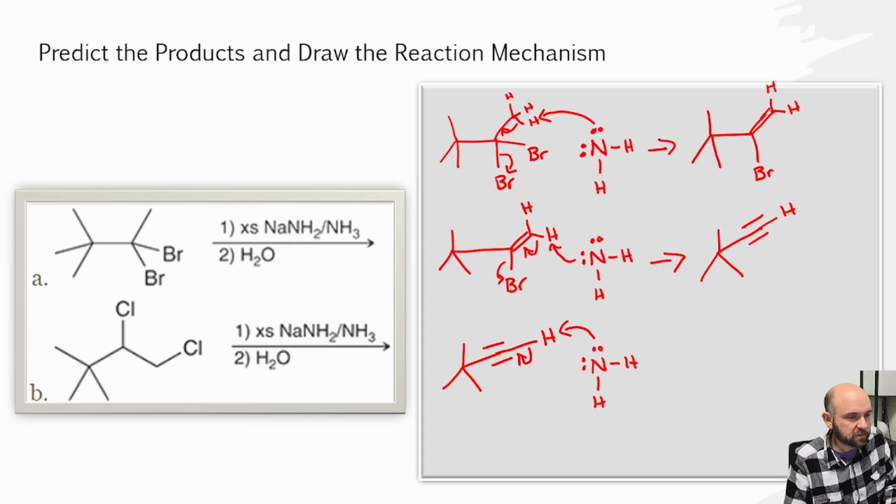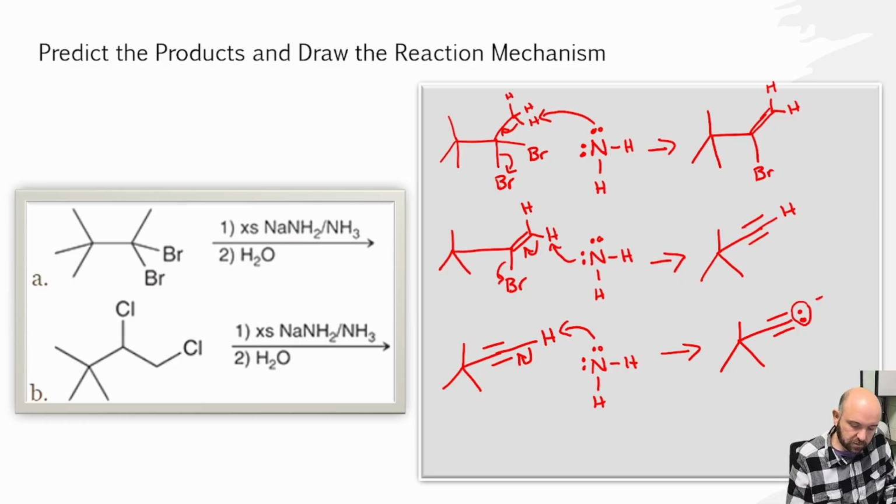There's no loss of a leaving group to accommodate that lone pair of electrons, but no new bonds are formed, so that carbon atom simply becomes a carbanion with a lone pair of electrons there.